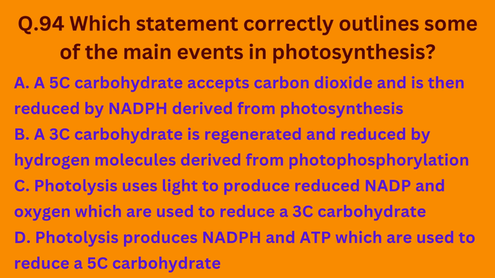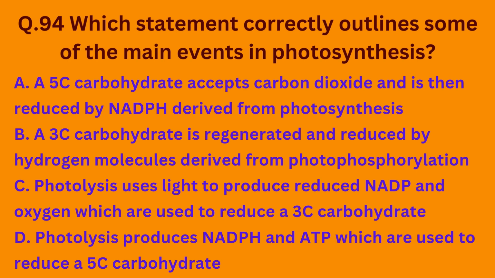Coming to our next question, which statement correctly outlines some of the main events in photosynthesis? Option A, 5 carbon carbohydrate accepts carbon dioxide and is then reduced by NADPH derived from photosynthesis. Option B, a 3 carbon carbohydrate is regenerated and reduced by hydrogen molecules derived from photophosphorylation.